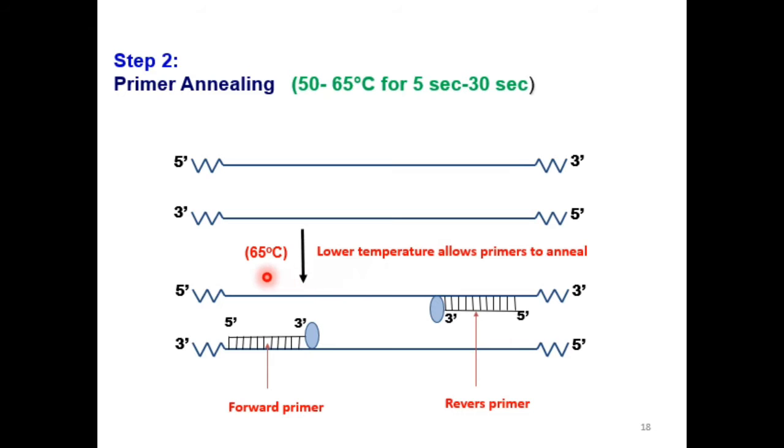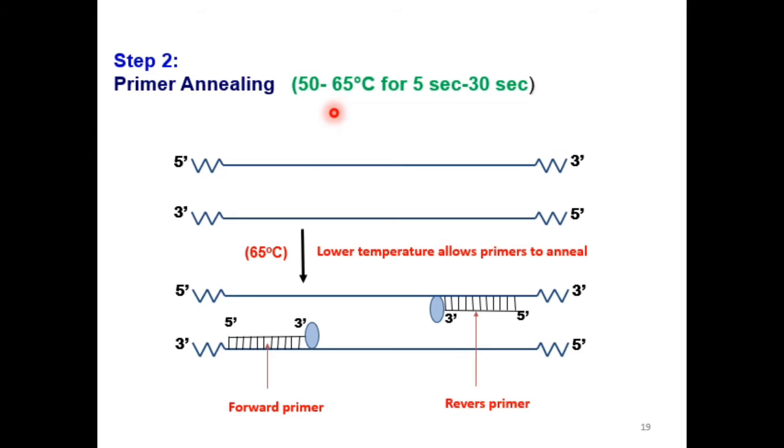We will lower it to 65 degrees Celsius. This will allow the formation of hydrogen bonds between the primer sequence and the DNA strands. And of course, we will add extra copies of the primers, so we give them a chance to anneal to the DNA rather than the DNA annealing to itself again.